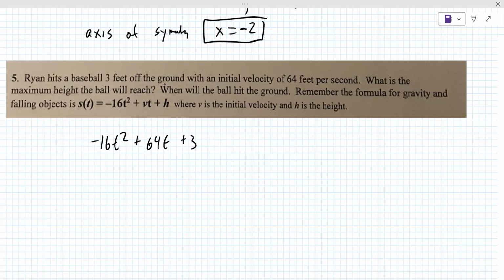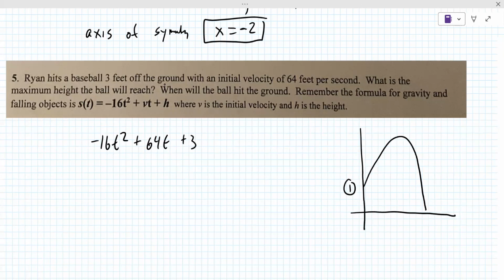And when we were talking about these problems, there's kind of 3 places that they might have you answer. Typically it's 2 and 3, like the max, the vertex, or where it comes back to the ground. This problem actually asks for multiple things.